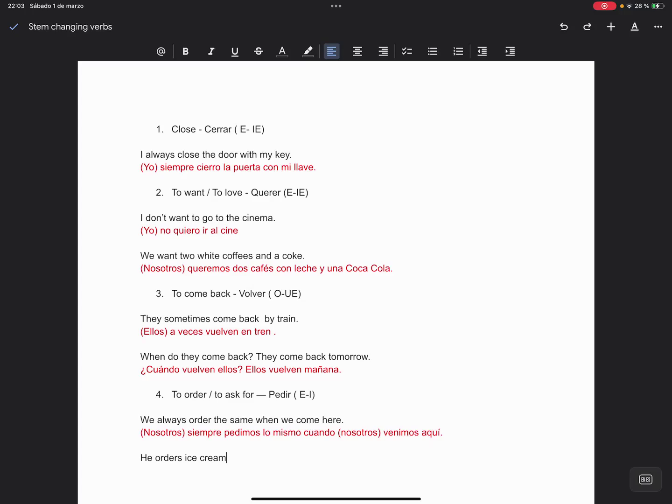Sometimes orders ice cream, for example. No, let me change that sometimes for a never. He never orders ice cream. He hates ice cream. I'll tell you what's the verb to hate later. Vale, let's try to do that one.